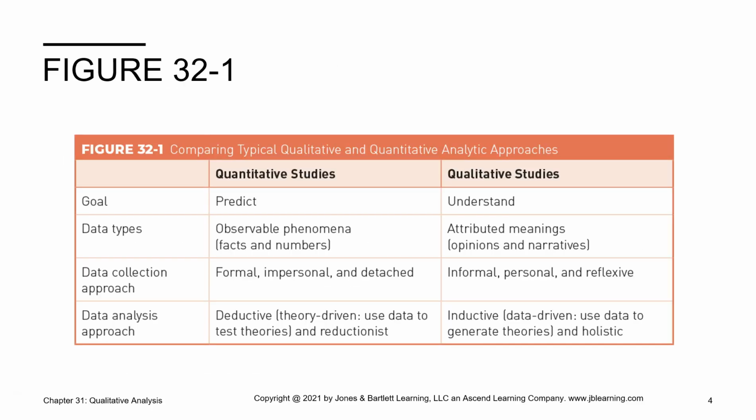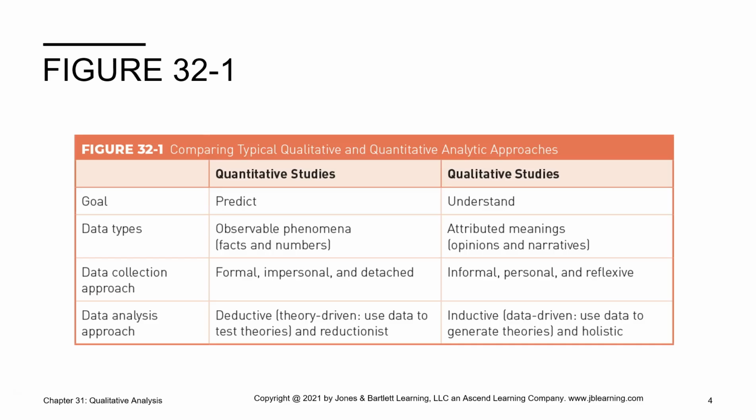Figure 32.1 goes over some differences in the qualitative and quantitative analytic approaches. Quantitative is collecting numbers, more numeric responses, more structured, whereas qualitative is language and trying to understand meaning, and even though it's a systematic process, there's more flexibility.